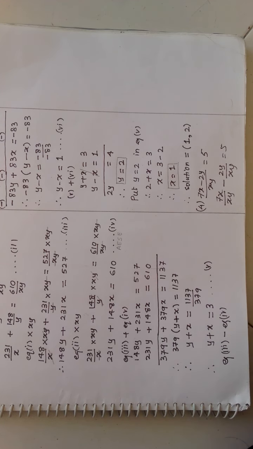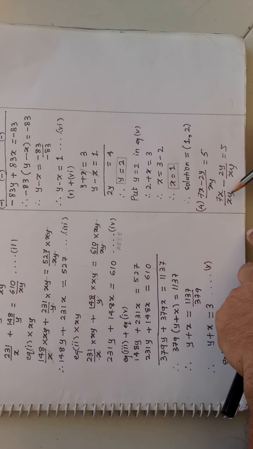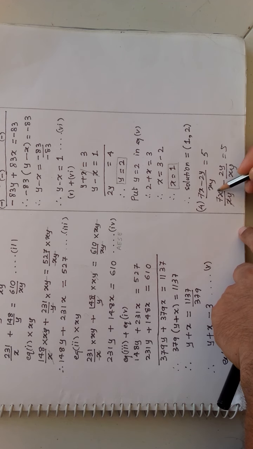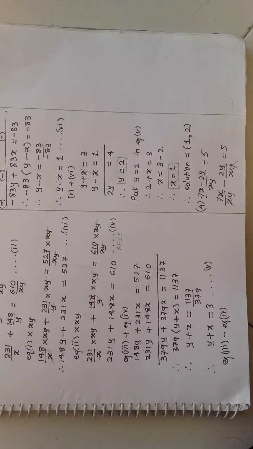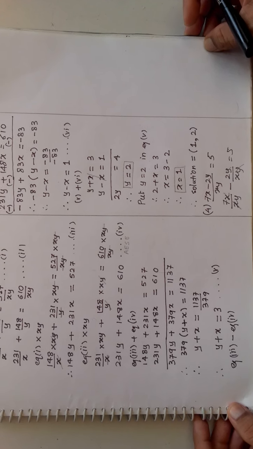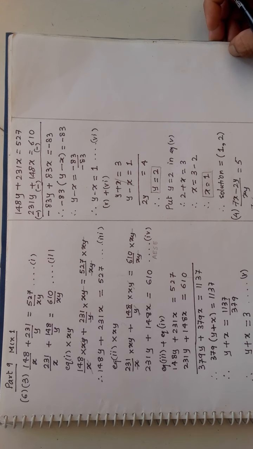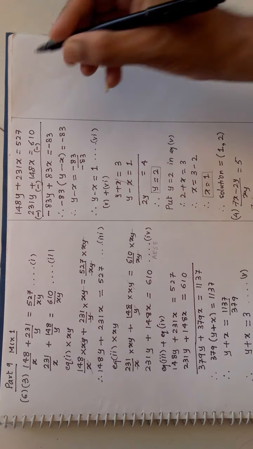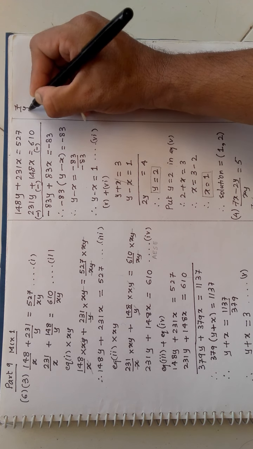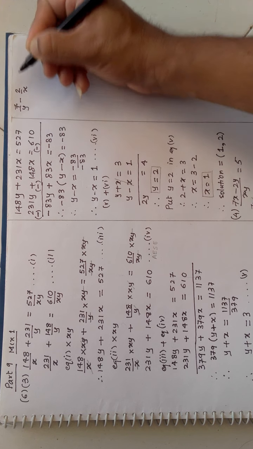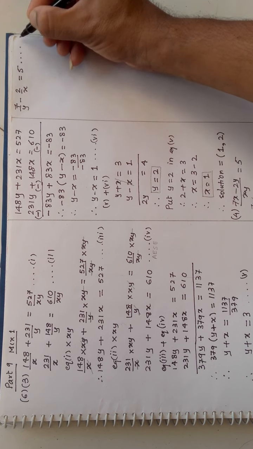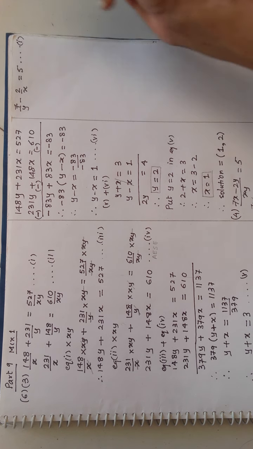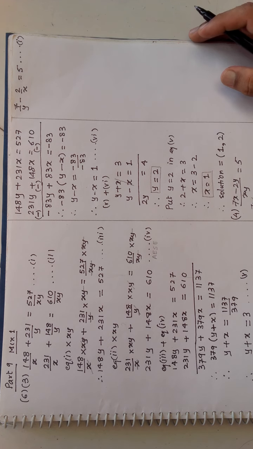Here up and down is division, side by side is multiplication. So x divides itself, y divides itself. So you get here 7 by y minus 2 by x is equal to 5. Well and good. It looks better comparatively to the other part which was already there, numbered as 1.